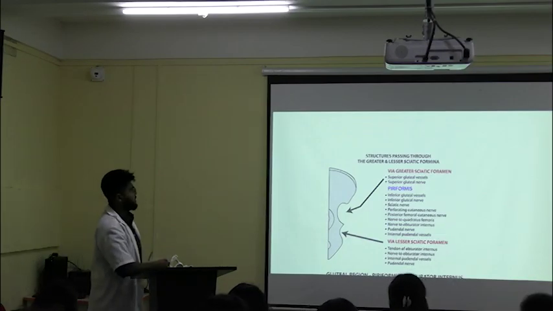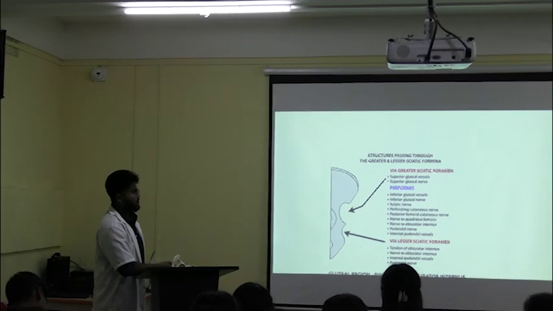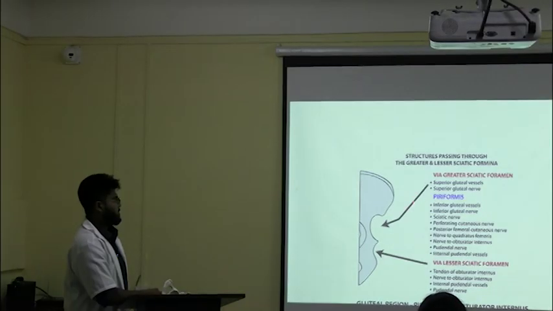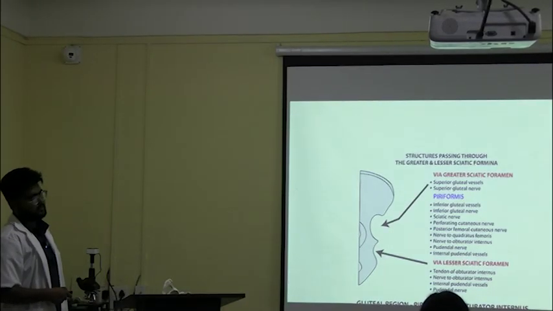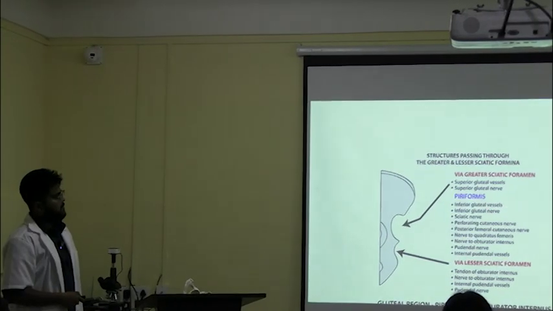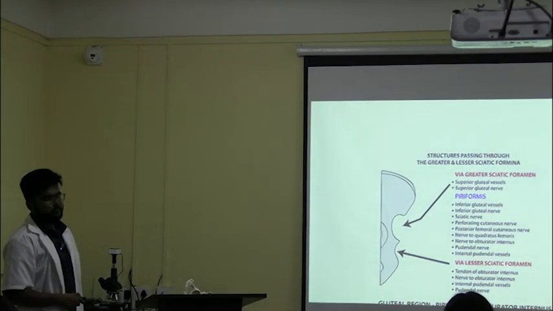Next you have to write it down like this: the structures passing through the greater and lesser sciatic notch. Through the greater sciatic foramen or notch pass the superior gluteal vessels, superior gluteal nerve, inferior gluteal vessels and inferior gluteal nerve.